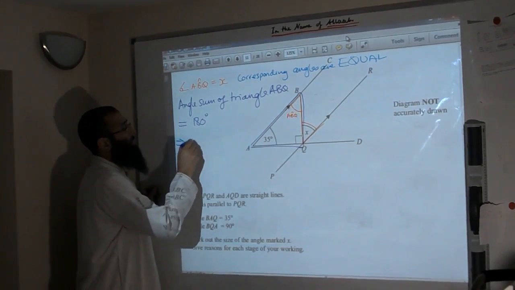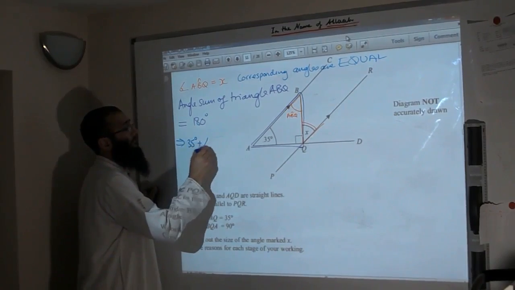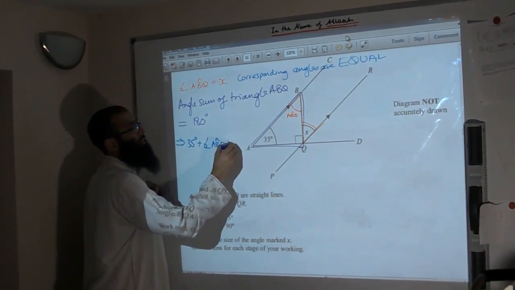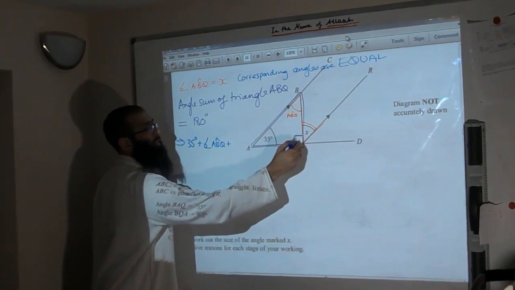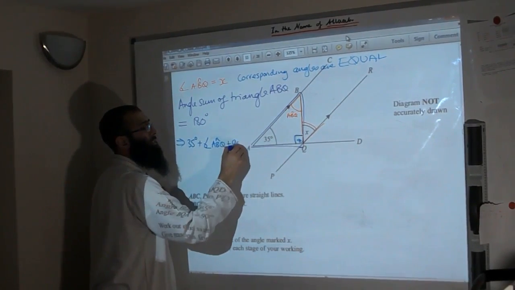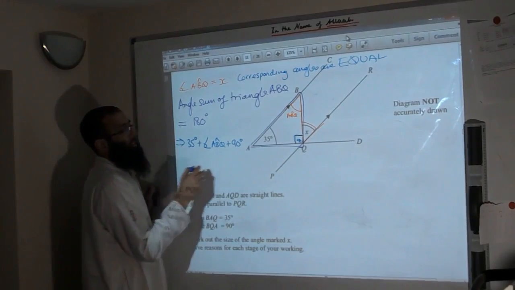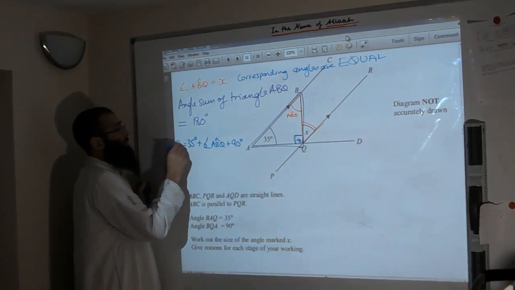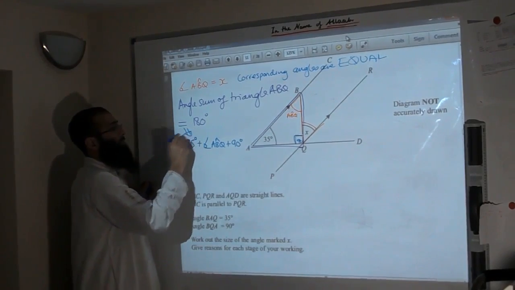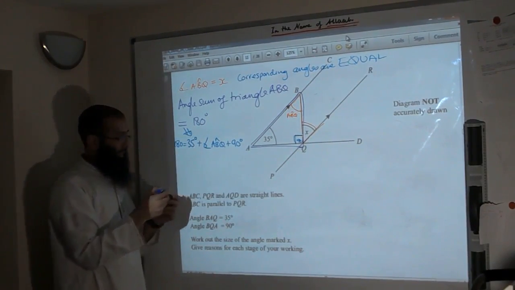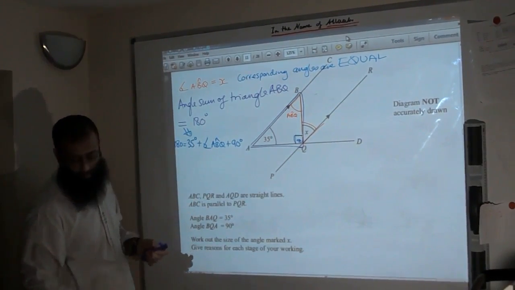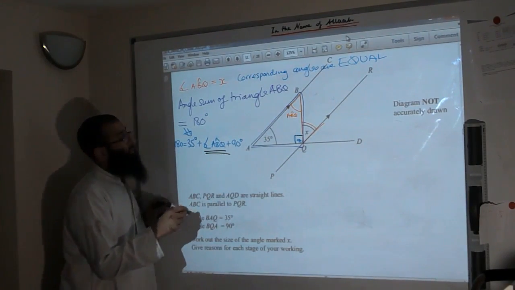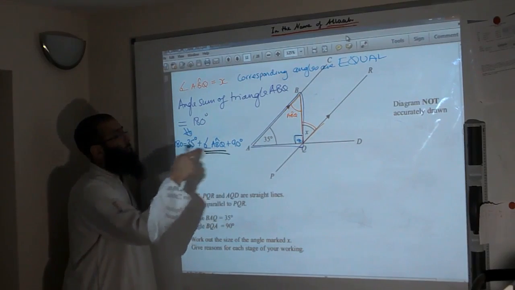Therefore, 35 degrees, add angle ABQ, add this one here which is 90, plus 90, okay, we're out of space, is equal to 180. So let's do some rearrangement here. Now, we've got to work out this angle here. So plus 90 plus 35.